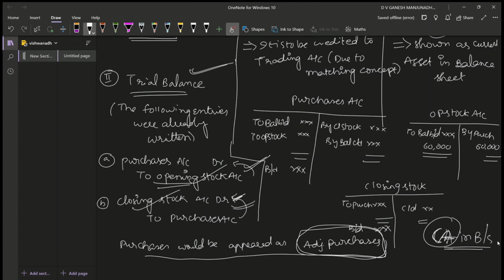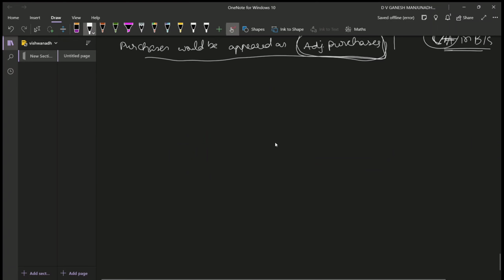Then it is given in adjustments. When it is given in trial balance, this would be appearing as a current asset in the balance sheet. This is the adjustment regarding closing stock.